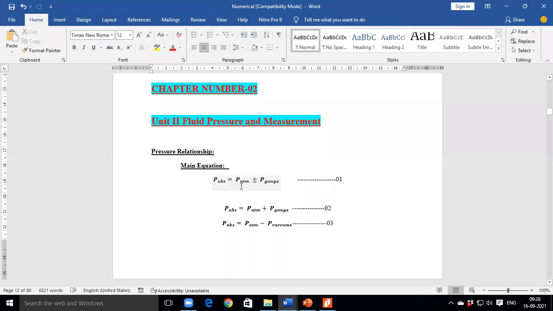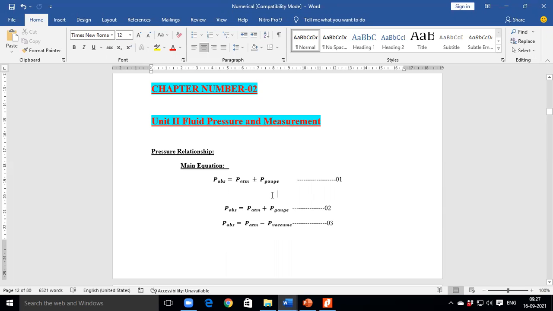Second equation, P absolute is equal to atmospheric pressure plus gauge pressure. And the next equation is P absolute is equal to atmospheric pressure minus vacuum pressure.